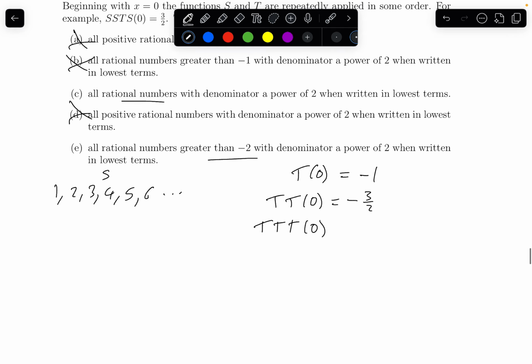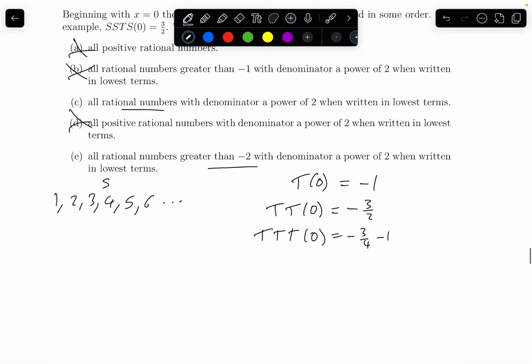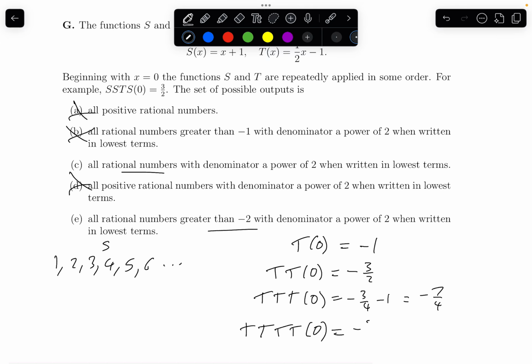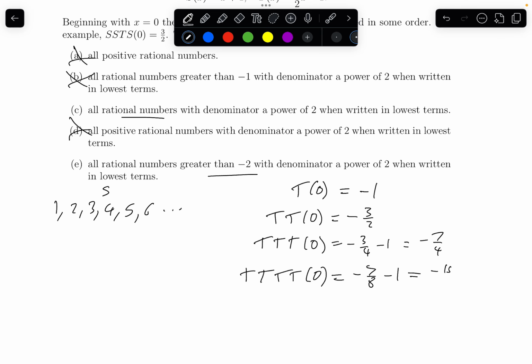So let's try another one. Half of this, so minus 3 over 4 minus 1, which equals minus 7 over 4. Let's apply T again. Minus 7 over 4 half, so minus 7 over 8 minus 1 equals minus 15 over 8.